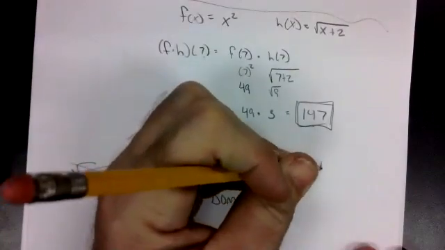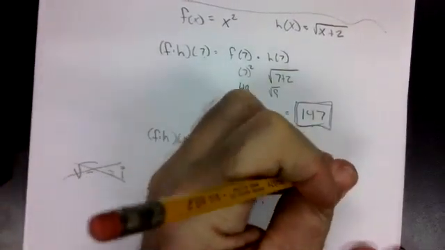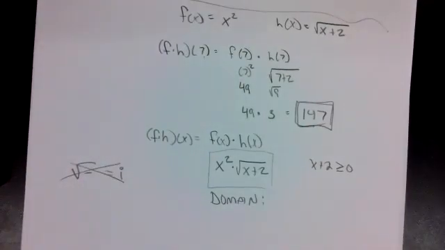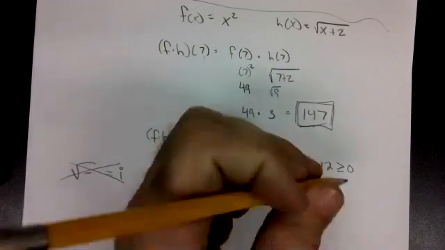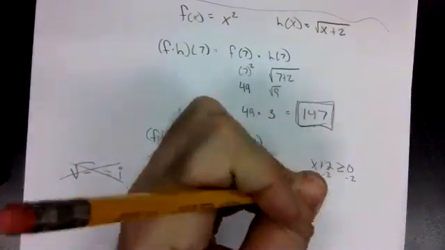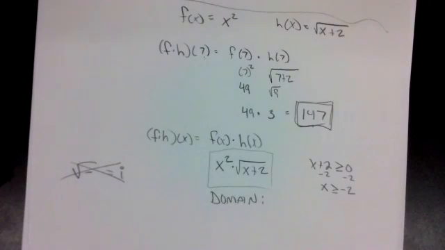We just take whatever's inside, that x plus 2, and we need this to be greater than or equal to 0. It doesn't matter if it's 0. 0 is fine. The square root of 0 is 0. But it does have to be positive. We can't pick anything smaller than that. So if we solve, subtract 2, we need x to be greater than or equal to negative 2.